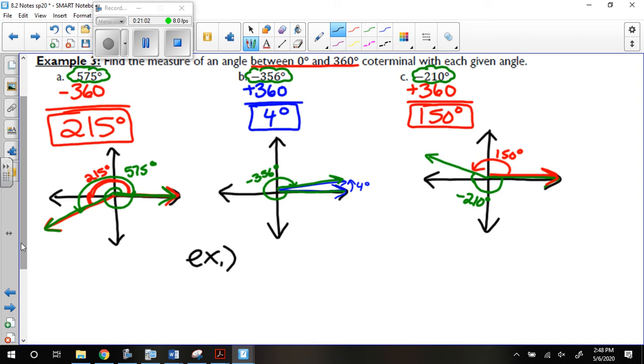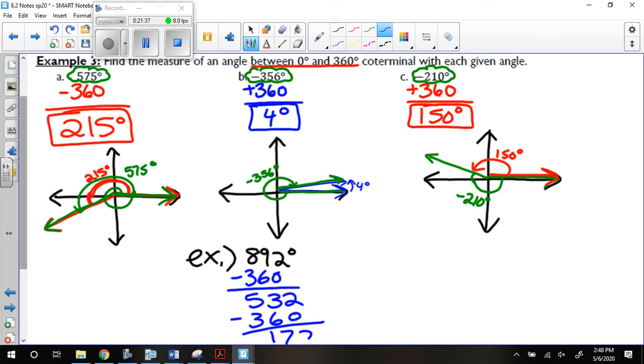If we are finding a coterminal angle for 892 degrees, we would have to subtract 360, and 892 minus 360 gives us 532, but we're still not between 0 and 360. So I have to subtract 360 again, which would be 172 degrees.